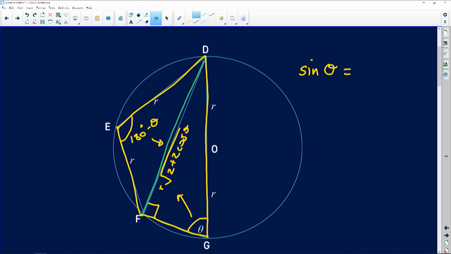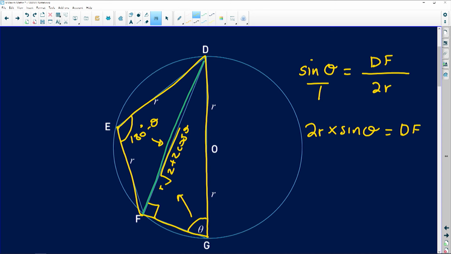The side that is opposite is the side DF, and that needs to be divided by the hypotenuse of this triangle, which is DG, R and R, which gives you the length 2R. Now, if I cross multiply, 2R multiplied by the sine of theta equals 1 multiplied by DF, which is simply going to give us a length of DF.